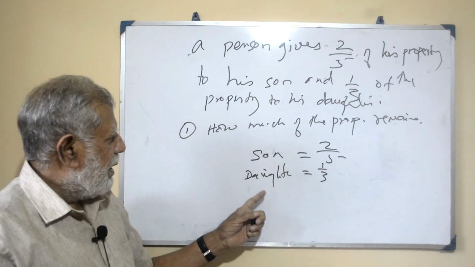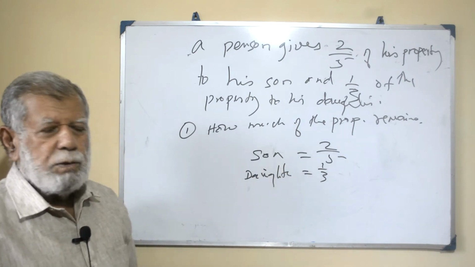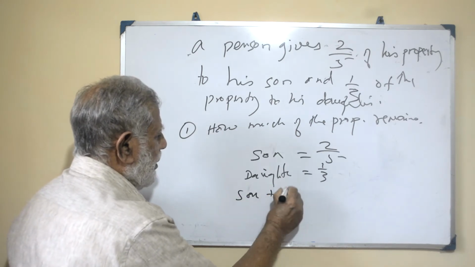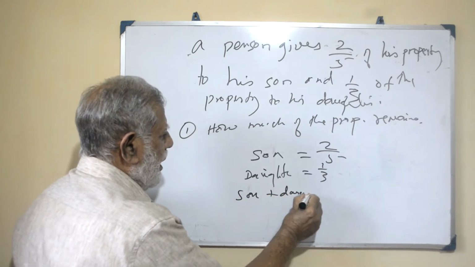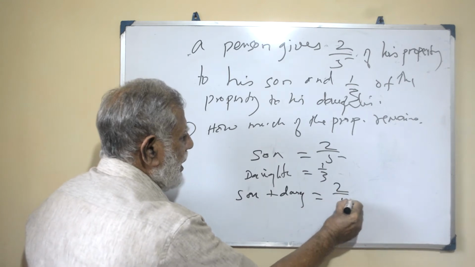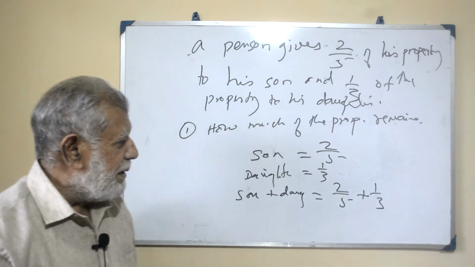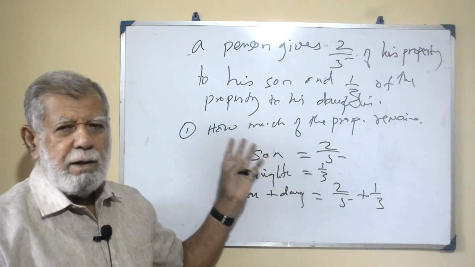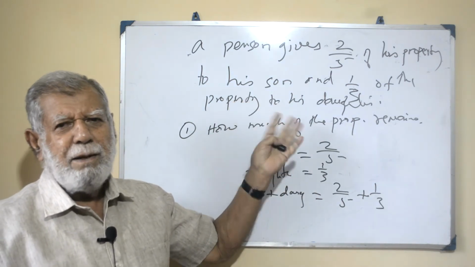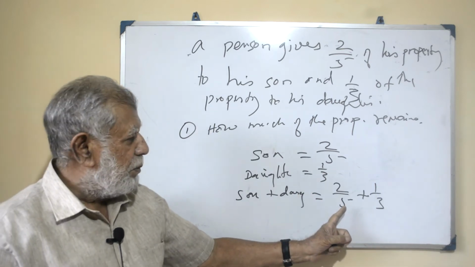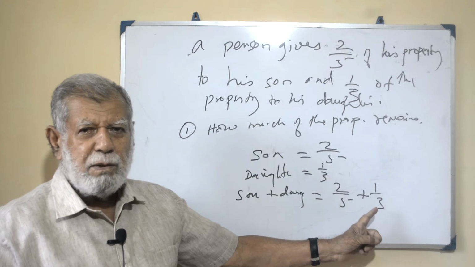Son 2/5, daughter 1/3. So altogether given, son plus daughter equals 2/5 plus 1/3. So here it's a case of fraction addition. Earlier, of course, we had just two numbers, we could add and do it in our mind. But here we have to be very careful because you can't just add the fractions, you have to make the denominators equal.